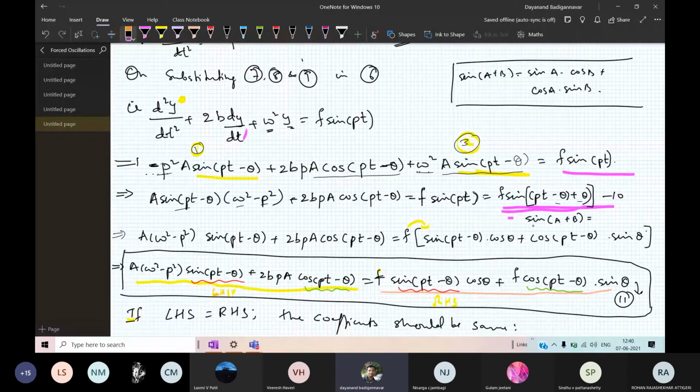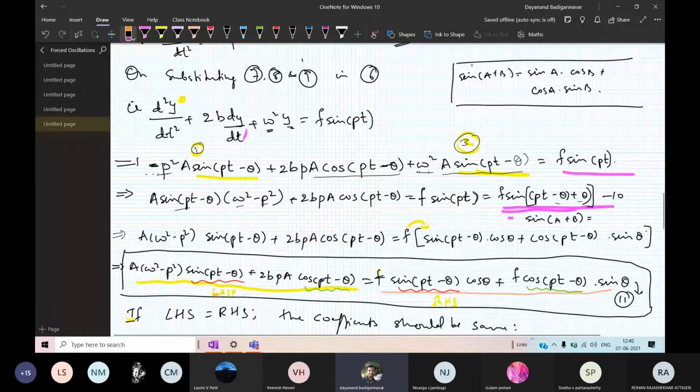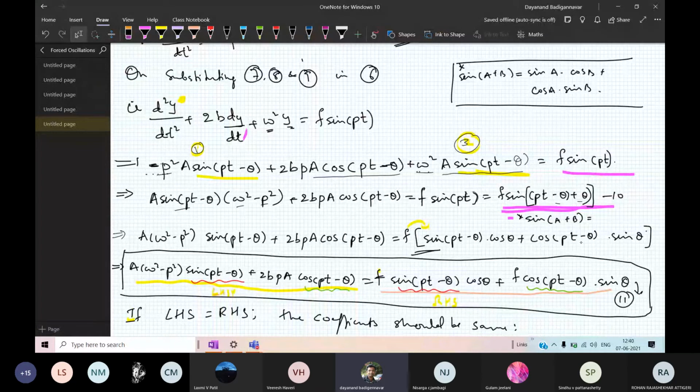Sine of a plus b is sine a into cos b plus cos a into sine b. So this is what I get: sine of pt minus theta cos theta plus cos of pt minus theta into sine theta.